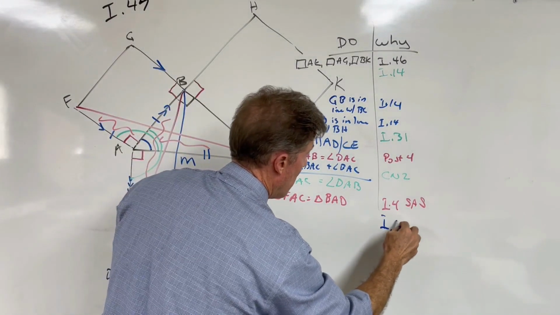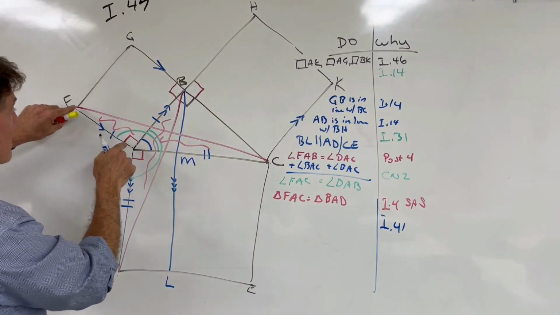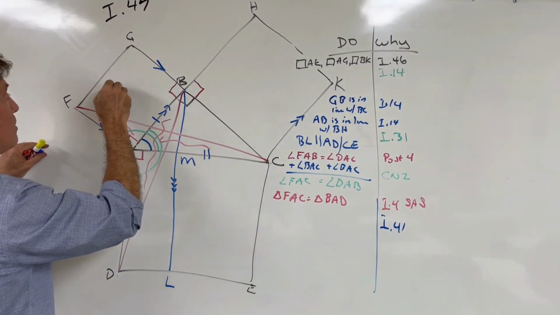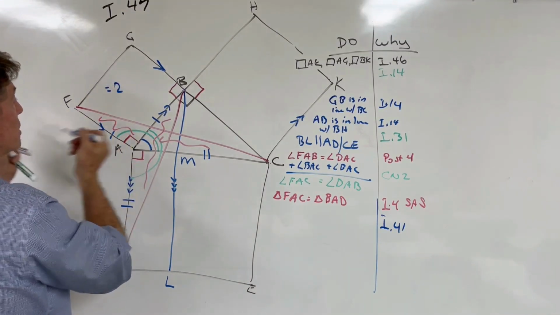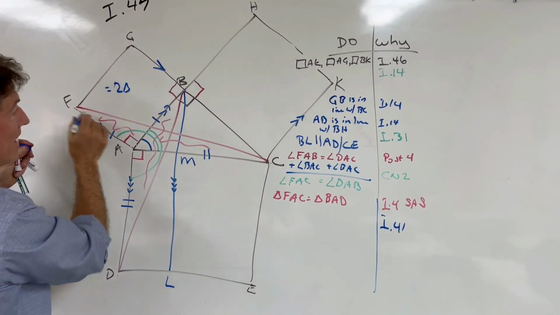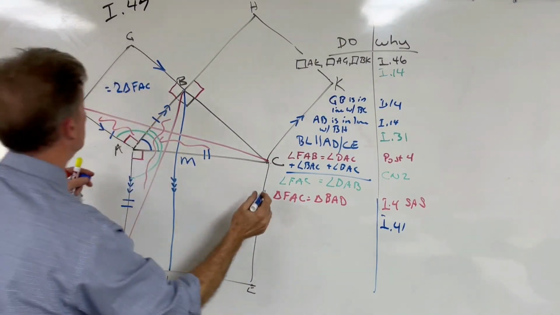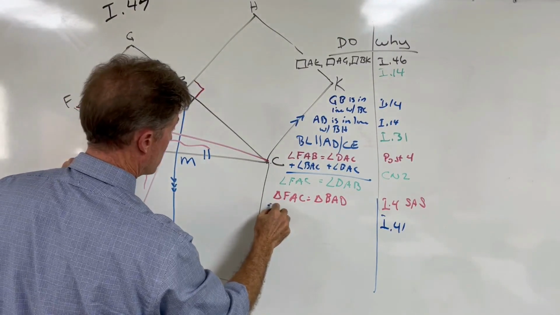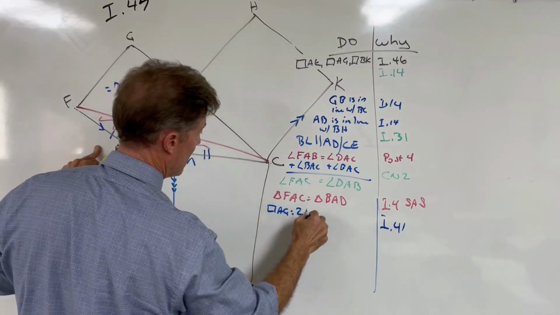So prop 41 says when we have a triangle and a parallelogram on the same base and in the same parallels, the parallelogram is equal to double the triangle. So the parallelogram, or in this case our square AG, is equal to 2 of FAC.